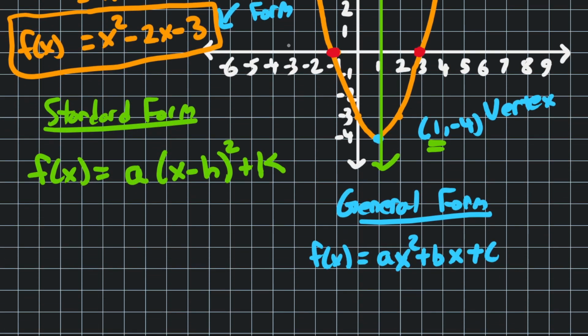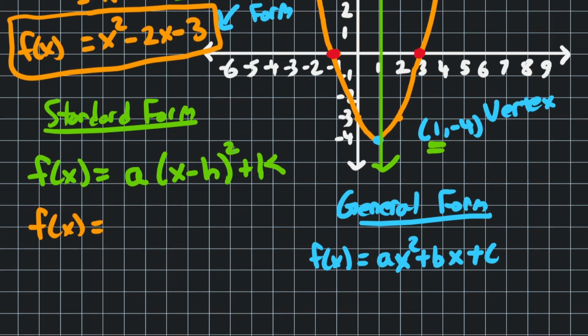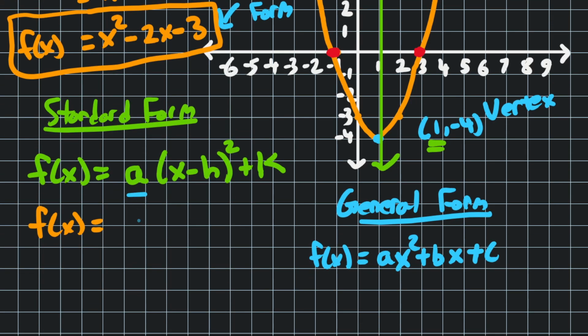So let's write our function in standard form. f of x equals, what is a in this case? Well, if we go back up, there is no a. There is no coefficient right here. Whenever there's no coefficient, you always assume 1. So a is 1. So 1 times, and then we have x minus h.